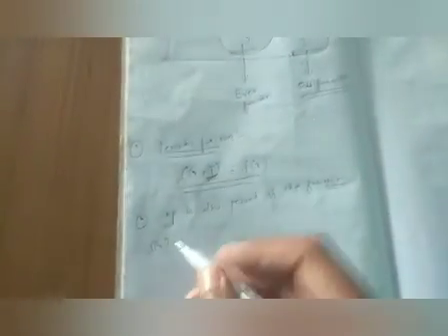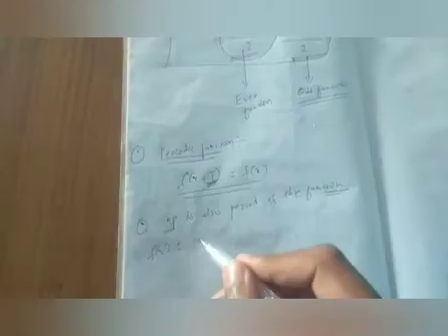Let us see one example. f of x equals cos x. Let us draw the graph of cos x. Cos 0 is 1.